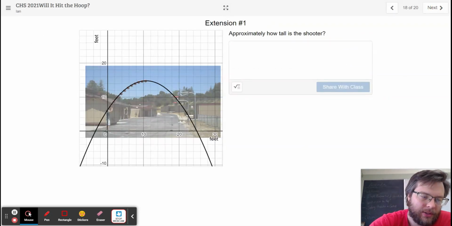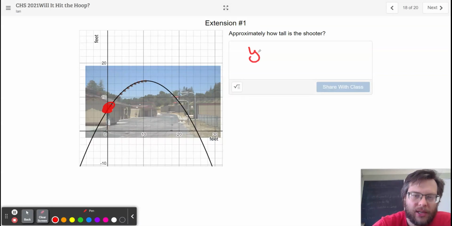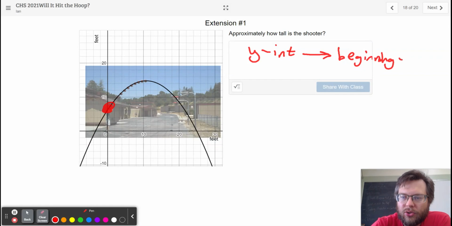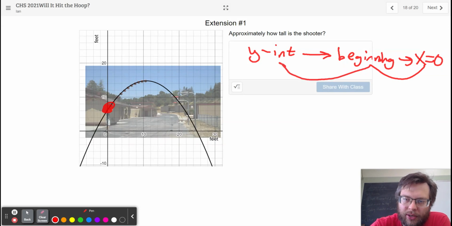Whenever I ask you about the beginning, we're talking about the y-intercept right here. And the y-intercept, and this is extremely important, as soon as you hear y-intercept, you should be thinking of the beginning, and you should also be thinking that the x value is equal to 0. These ideas need to be linked up in your head, that when you hear x equals 0, you automatically think of y-intercept, you automatically think of the beginning.